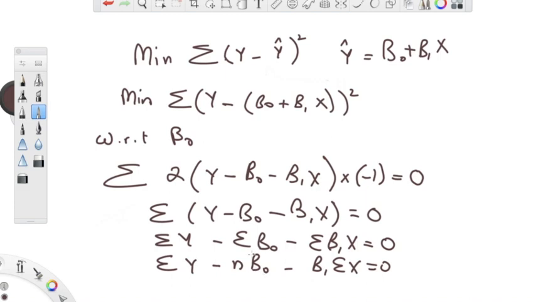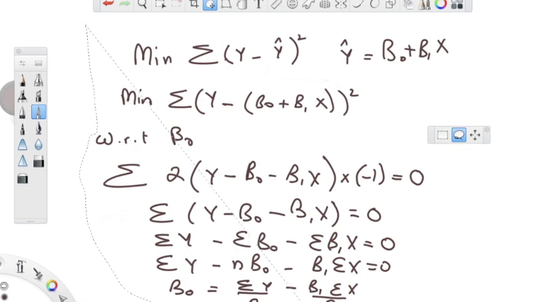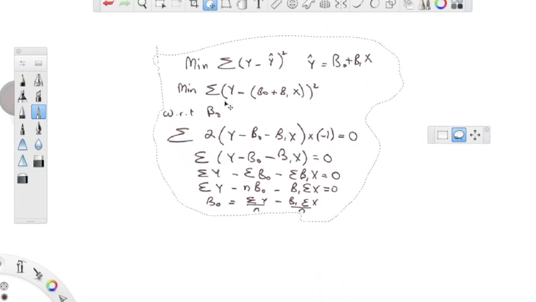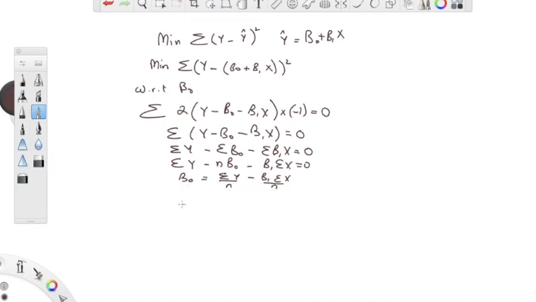And now, if you think about it, we're trying to find the value of beta naught, and beta naught kind of looks something like summation y minus beta 1 summation x divided by this n, and now what we just got over here is, and we have just come up with this thing beta naught is equal to, we call sum of something divided by the total observations is basically the mean value of y bar minus beta 1 times the mean value of x bar.